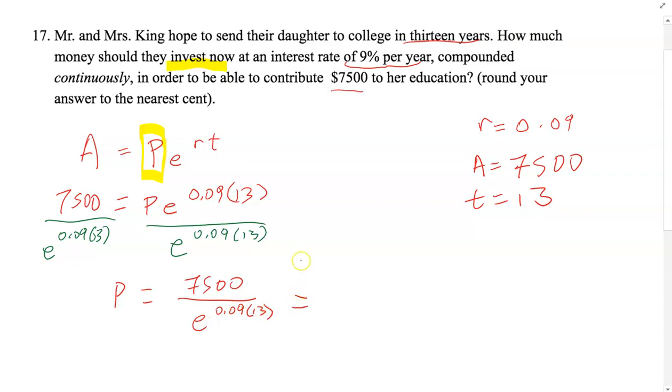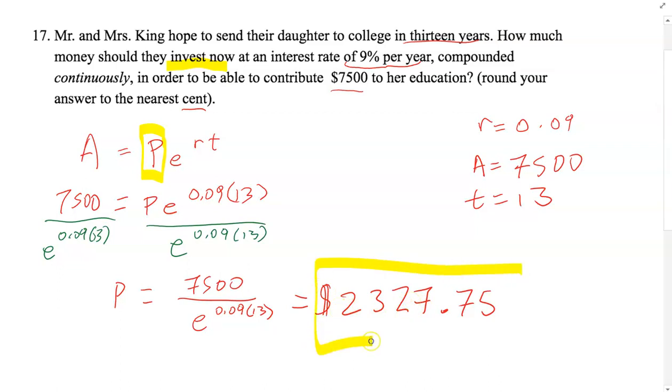Plug that into your calculator and you will get 2327.752. But we were asked to round to the nearest cent, which would be 0.75. So your answer would be $2,327.75. So that's your final answer.